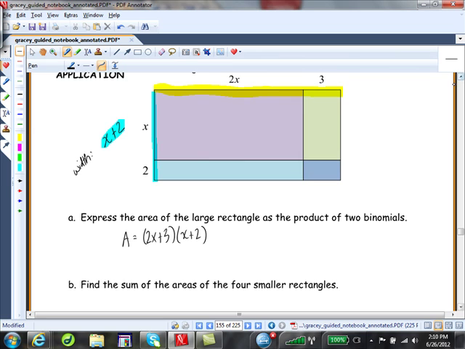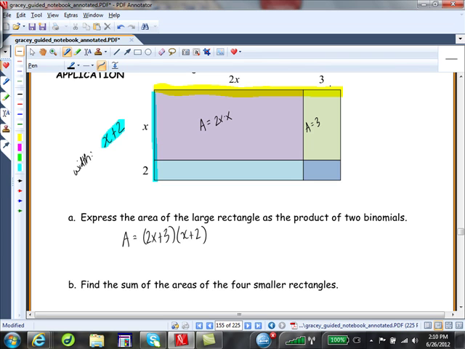Now, the individual areas, so the 4 small rectangles, right? So do you see, for the purple, this area would be 2x times x. This area would be 3 is the length, do you see here?